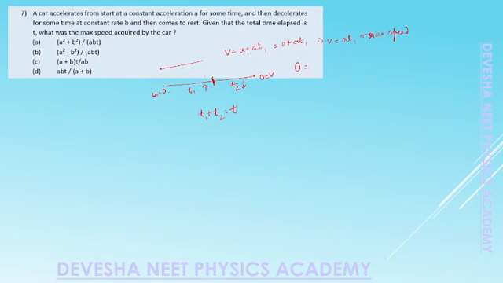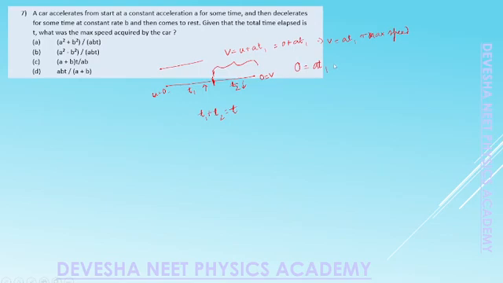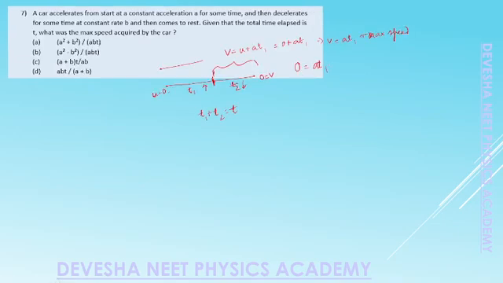If you look at this stretch, the starting speed is a t1, and the deceleration is b, and this is t2, okay? So 0 equals a t1 minus b t2.